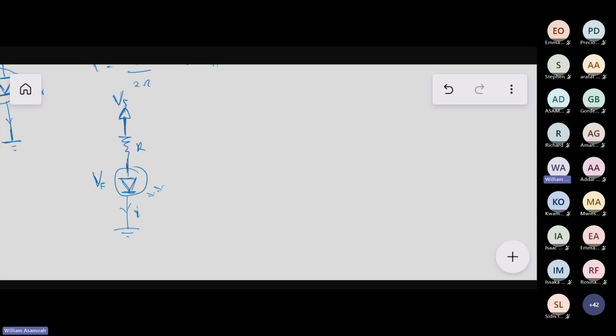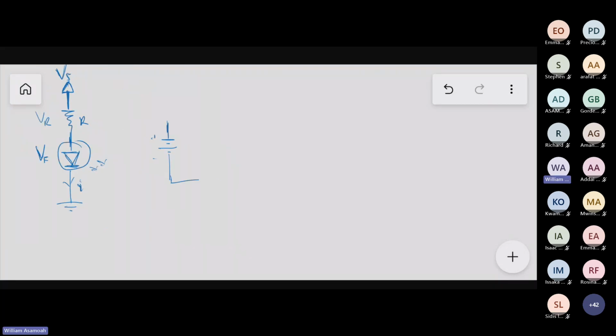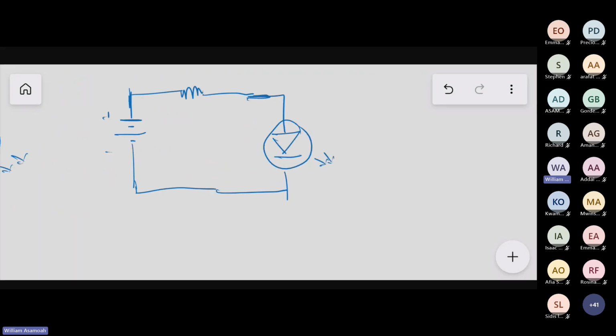If these are connected in series, let me draw it. Here's plus, here's minus. We have a resistor here, then we have a diode here, like this.